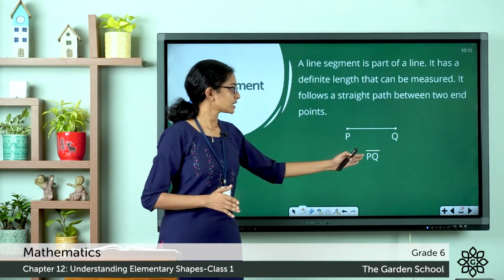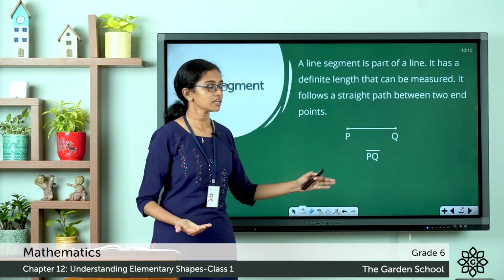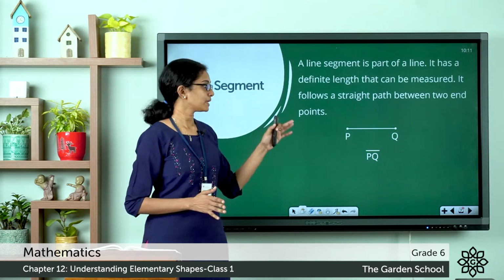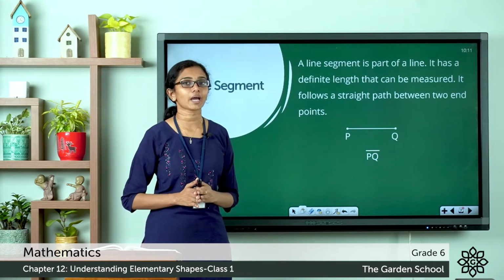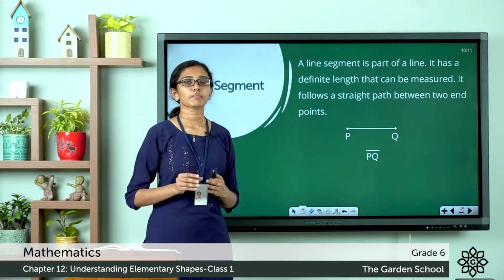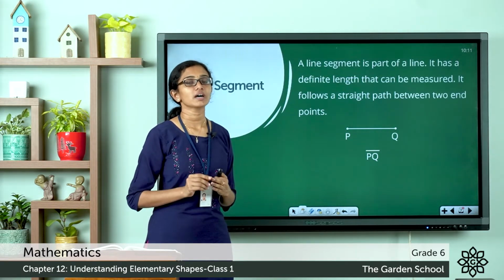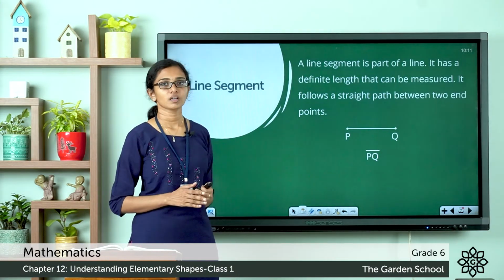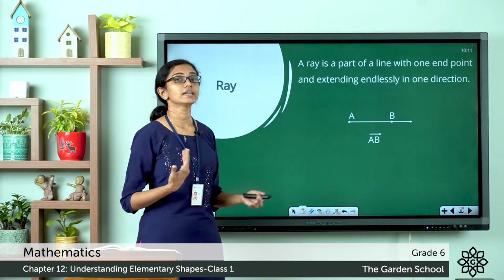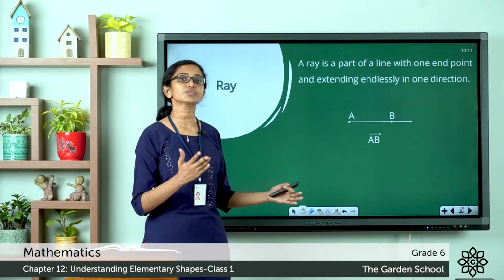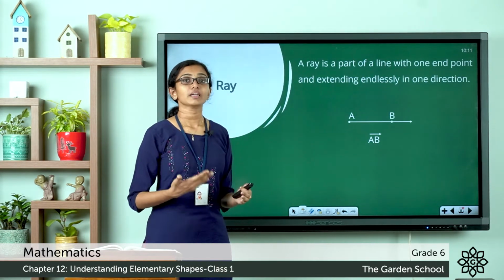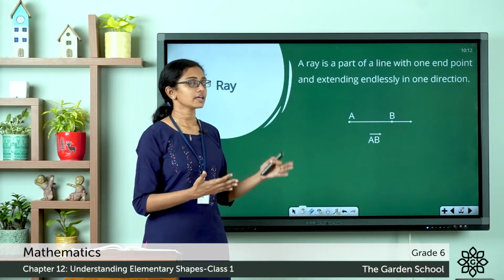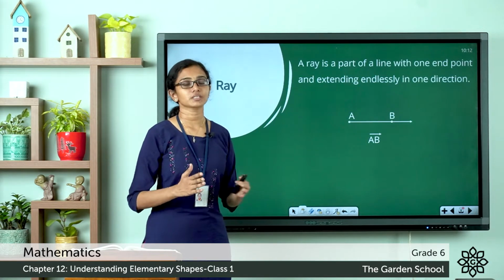Now here you can see how we can name a line segment. The two endpoints P and Q represented by capital letters are written, and above the 2 points we draw a small dash. So this is how we represent a line segment. Now let's see what a ray is. A ray is also part of a line, but it has a starting point and it extends endlessly in the opposite direction.